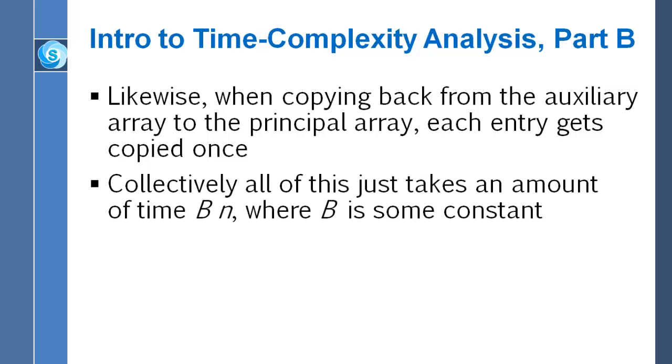Okay, so if we call that constant capital B, then what we're concluding here, and I realize this is the hard part to visualize and to really appreciate, but I'm hoping you're thinking about it and coming to the same conclusion as I am, is that the total amount of time doing all of the level k minus 1 merging is going to be a constant b multiplied by n.